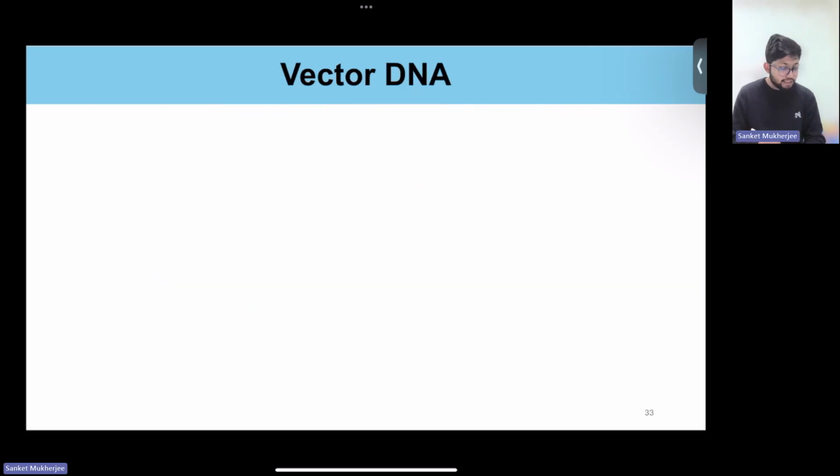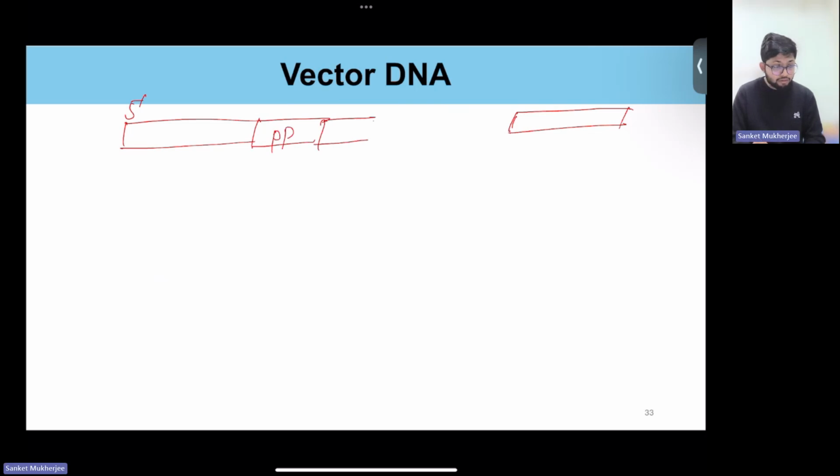The vector DNA in this case has an upstream 5' sequence and a 3' downstream sequence. In between, there is a polyhedrin promoter, a cloning site, and a polyhedrin termination site, right?